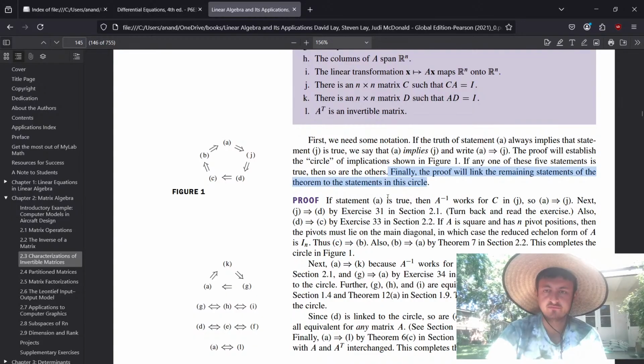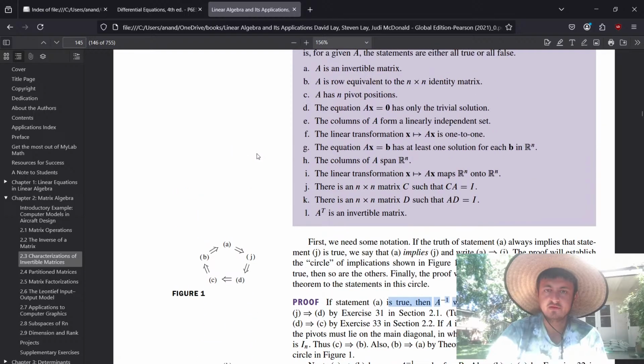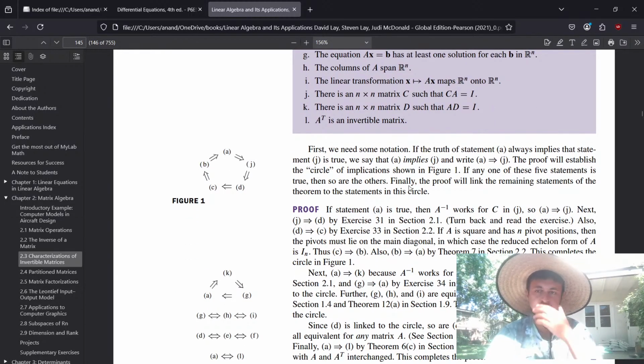All right, let's do the proof. Okay, that first one was easy. If A is invertible, then J: there's some C that is its inverse.